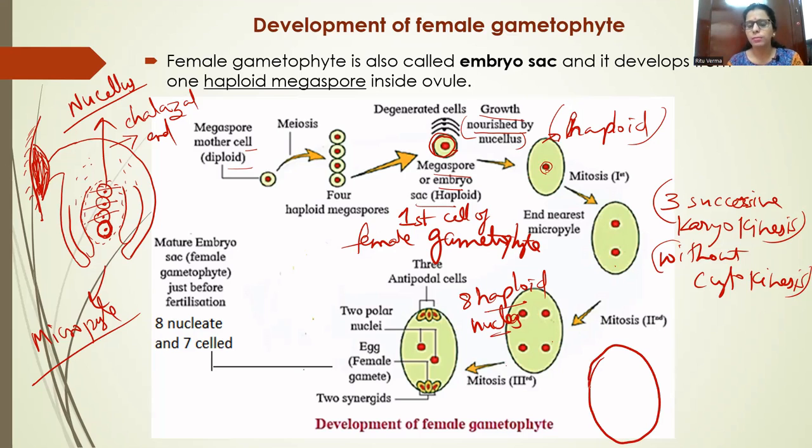I'm making a diagram here of this haploid megaspore: after 3 successive karyokinesis, that means 3 continuous mitotic divisions, 8 nuclei are produced.